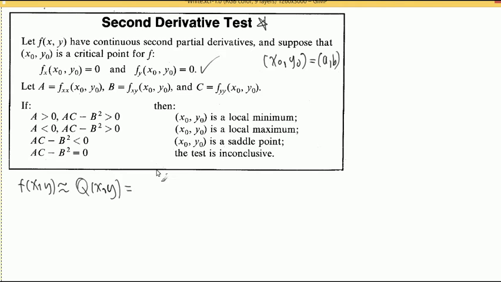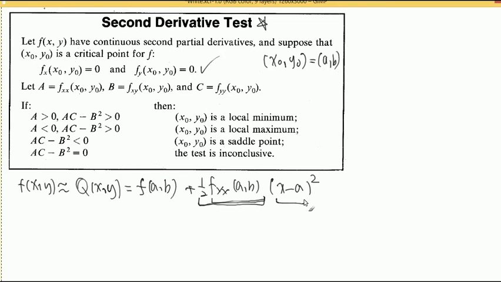And what is the first term in the quadratic approximation? No, f of a b. That's the constant part there. Then there's 1/2 f_xx at (a, b), right? That's a number. This whole number is now serving as capital A, right? And there is (x minus a) squared.